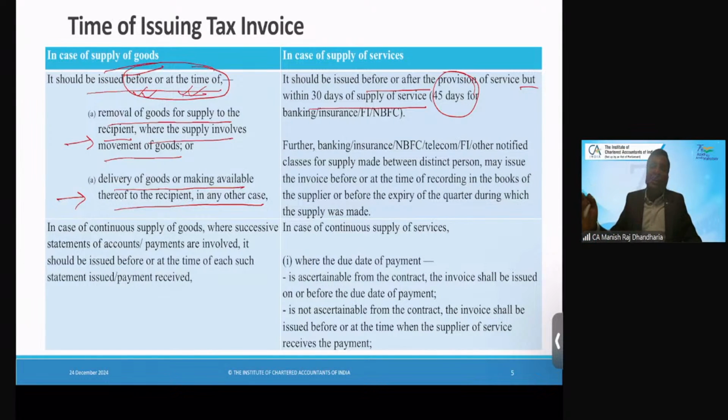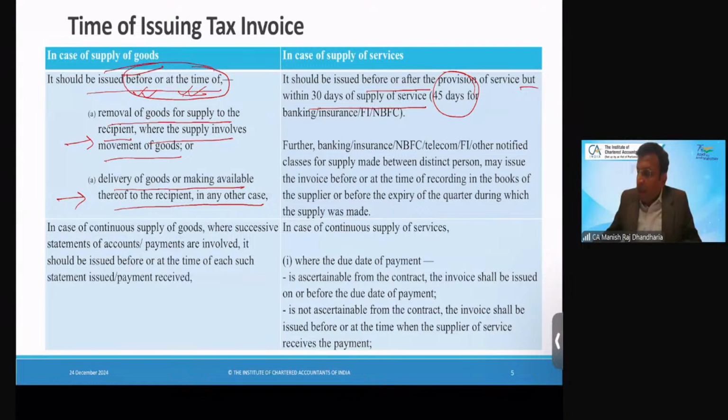If the supply is among the distinct persons, यानी के बीच में अगर कोई सप्लाई है, मतलब एक स्टेट से दूसरे स्टेट में कुछ सप्लाई है, within the same PAN, having different registrations, in that case, invoice can be issued at the end of the quarter. Only in case of supply made between the distinct persons, this liberty has been given. Let us read once.